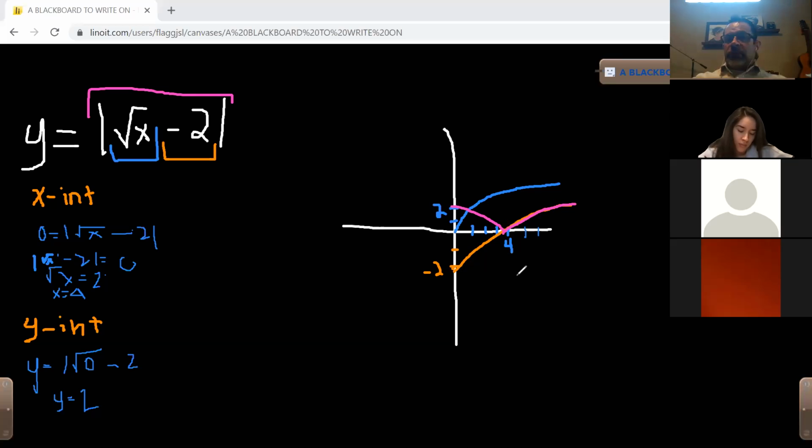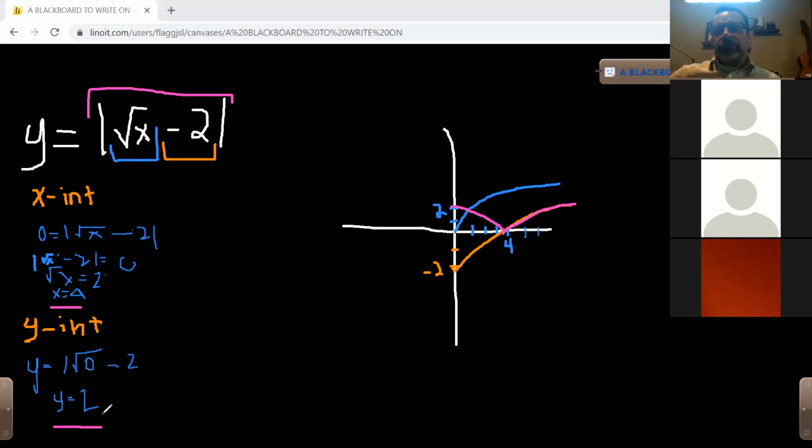So the pink one would be the complete function. And it has to be congruent with the 2 values that we found for the intercept. Okay. Is that part clear? Yes. Okay. Questions with this one? No? Okay.